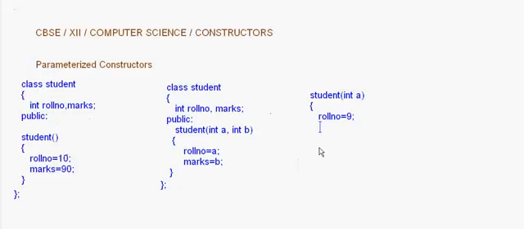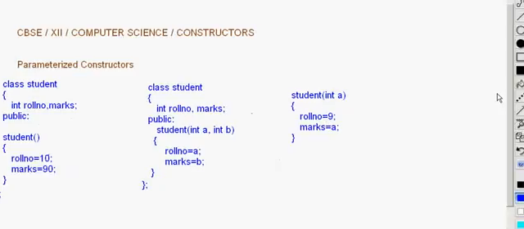This value I am passing directly, and here we say marks is equal to a. So whatever is coming from this parameter a, that is passed to the variable marks, and roll number I am initializing as 9. So this again is a parameterized constructor.